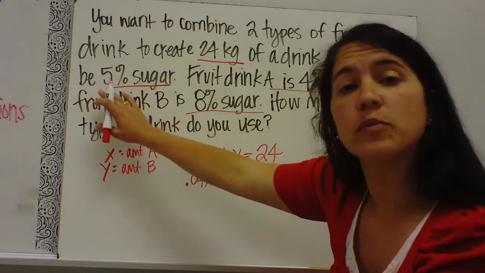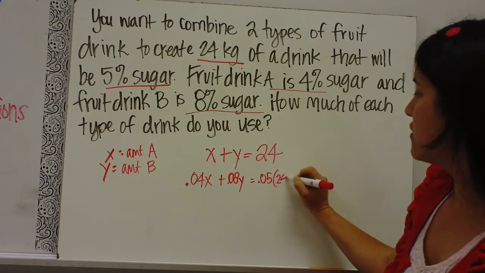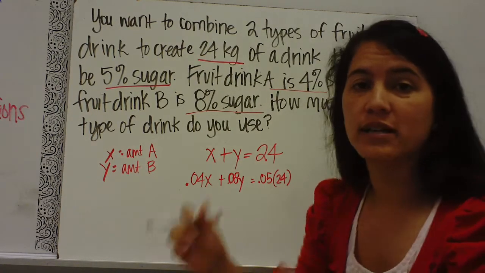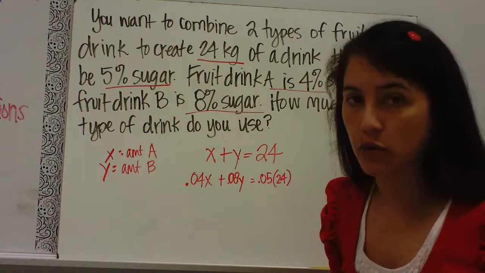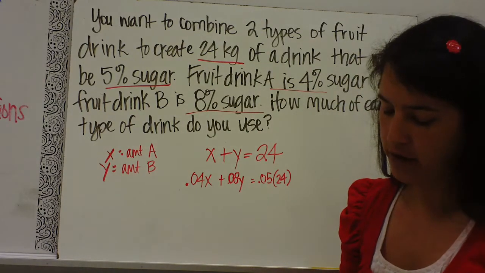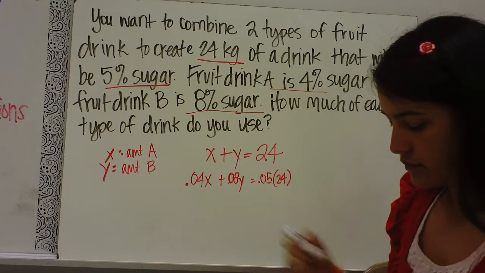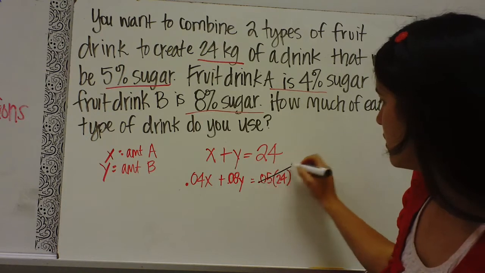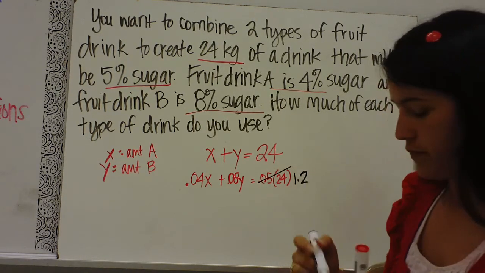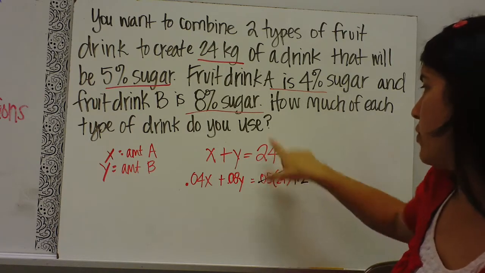Well, we want 5% in our total, and that is going to be times 24, because again, we want 24 kilograms in our total. So first we need to do 0.05 times 24, and that is 1.2. So 5% of 24 is 1.2.